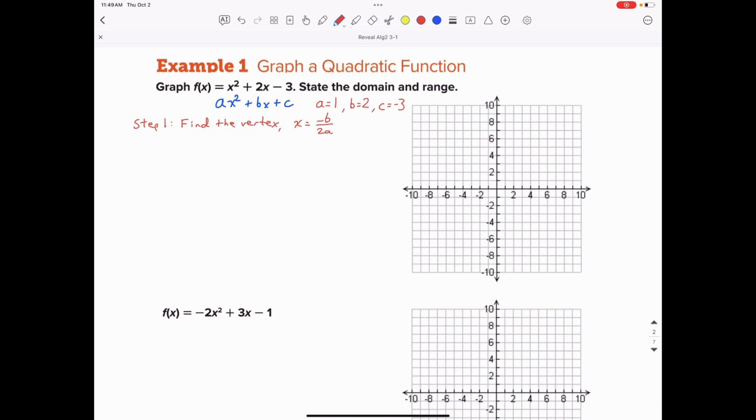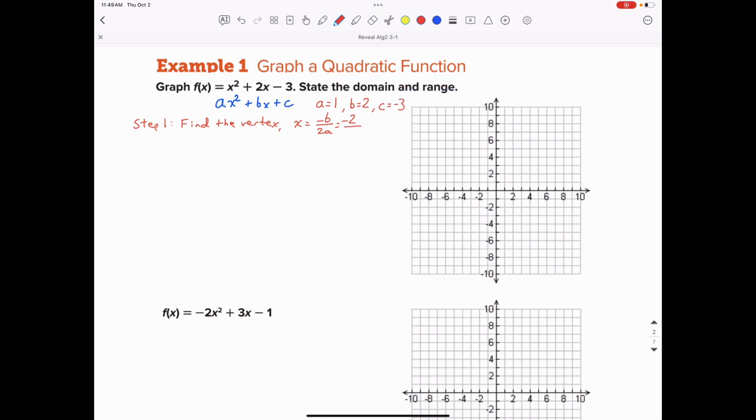So in this case, we're going to have negative 2, because the b value is 2, over 2 times 1, because the a value is 1. And that would be negative 2 over 2 times 1, which is positive 2, and that equals negative 1. That is the x value of the vertex.